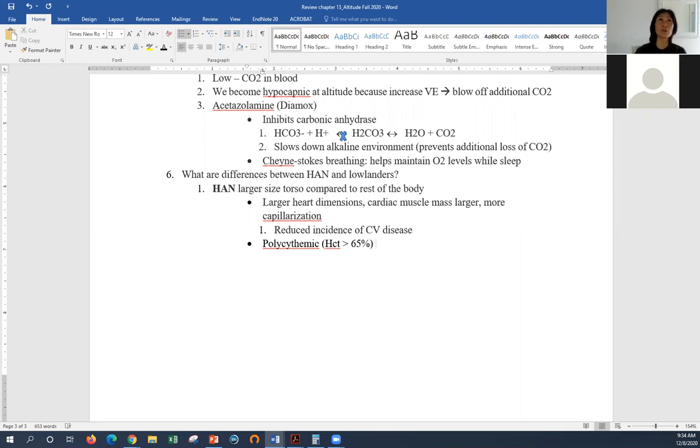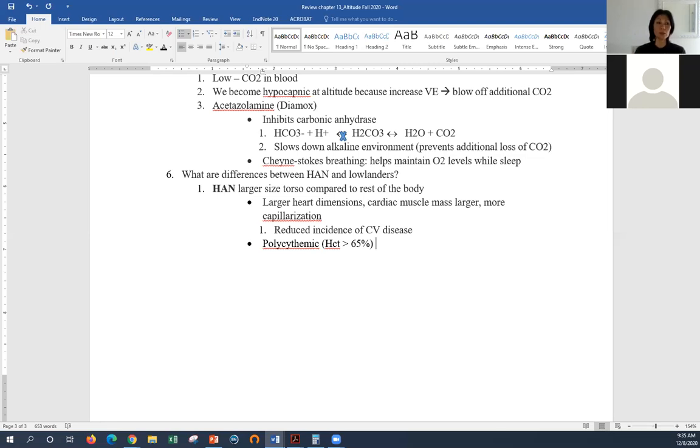So females, it's usually 46 to 50% hematocrit, meaning if you drew someone's blood and you spun it down and you took a linear measurement of the column of blood, and then you took a linear measurement of the hematocrit, which is the stuff that's going to be red in color, that would be about 46 to 50% of the entire blood column. In males, it's typically higher. 50 to 52% hematocrit is normal. Polycythemia is when hematocrit is greater than 65%.